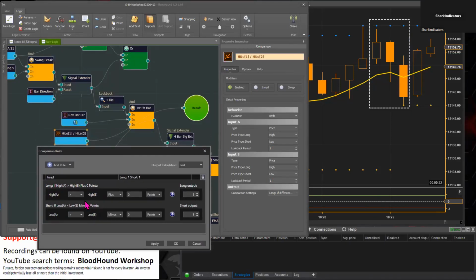We want the high of the current bar to not be greater, but to be less than the high of the previous bar. So let's reverse this.